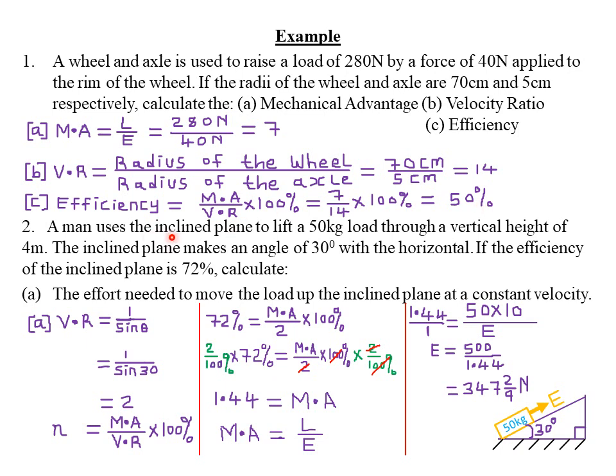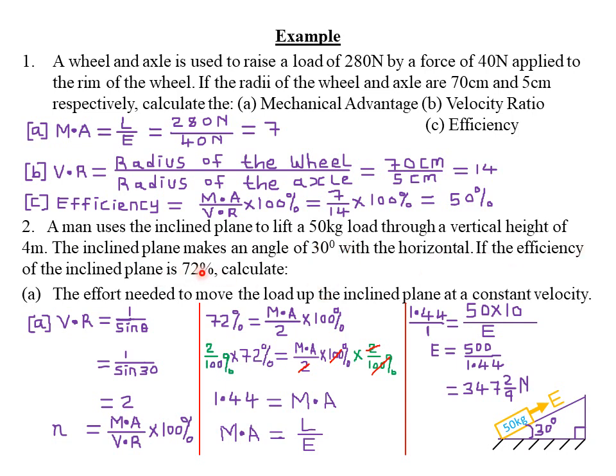Question 2 reads that a man uses an inclined plane to lift a 50 kilogram load through a vertical height of 4 meters. Remember, vertical height, that represents the distance moved through by the load, or the load distance. So the inclined plane makes an angle of 30 degrees with the horizontal.